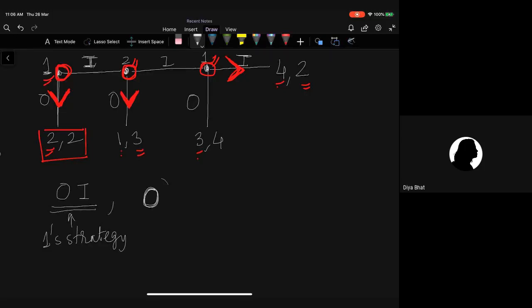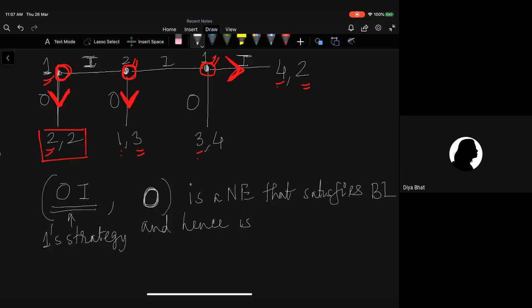So we say this is a Nash equilibrium that satisfies backward induction, and hence is a subgame perfect Nash equilibrium of the game.